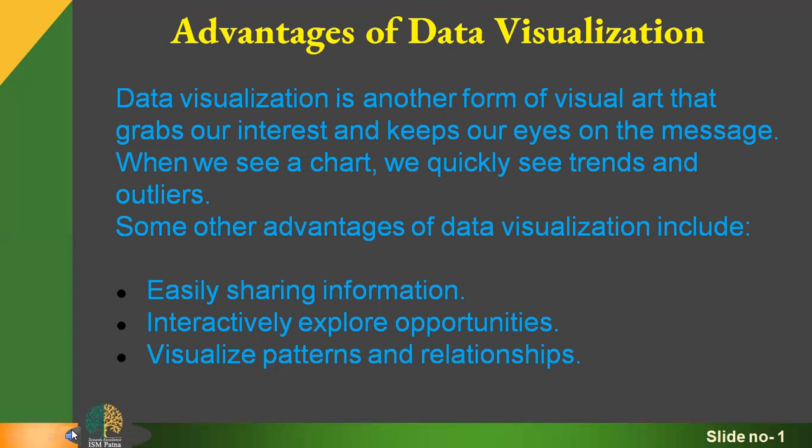But in place of that, if you generate bar charts for these 3 products, with the values on the y-axis and the products on the x-axis, then immediately, within a flash, whichever bar is at the higher level is the highest, and whichever bar is at the lowest level is the lowest. So that is the point here: when we see a chart, we quickly see trends and outliers.